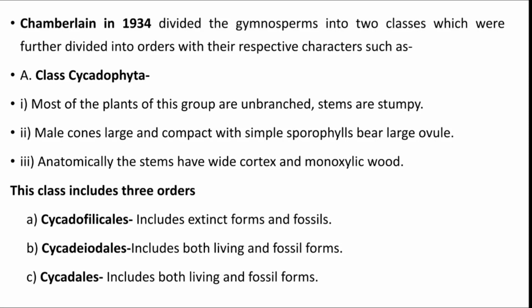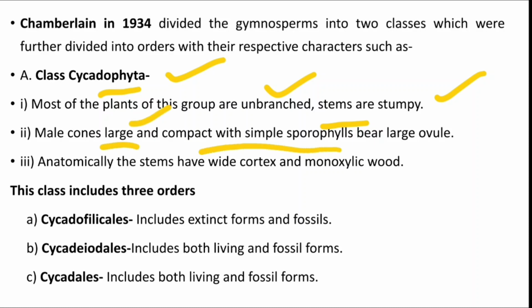Then Chamberlain in 1934 divided gymnosperms into 2 classes, which are further divided into orders with respect to characters. Class Cycadophyta: the plants have an unbranched, stumpy stem. Male cones are large and compact with simple sporophylls, and bear large ovules.